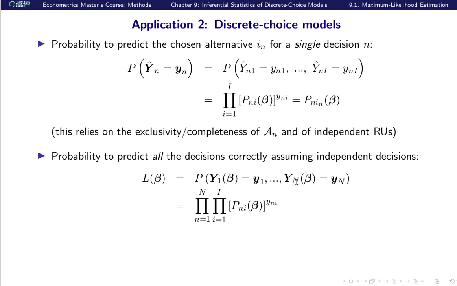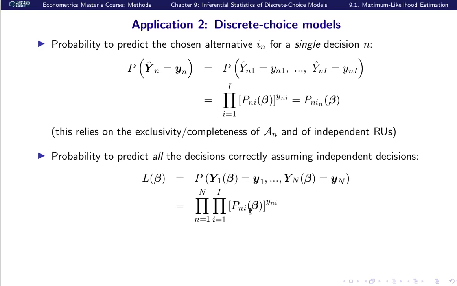And because the random utilities are independent from one decision maker to the next, we can have a product of the probabilities for each single decision, and that is just taken from above. So we have a double product in this way.